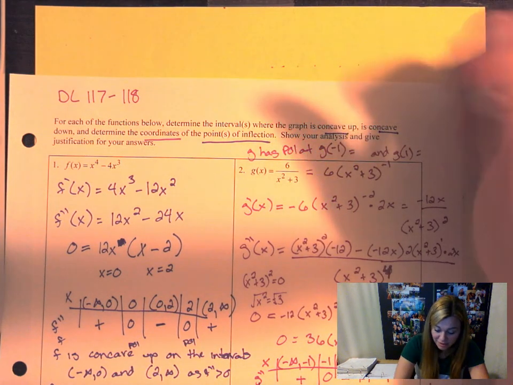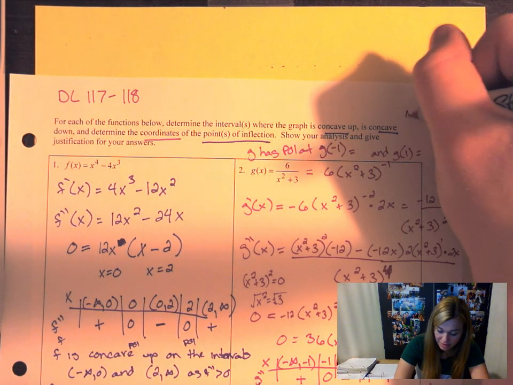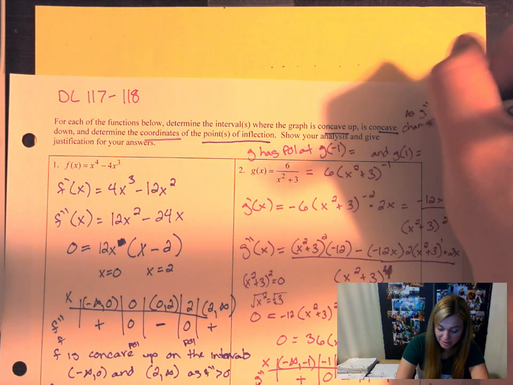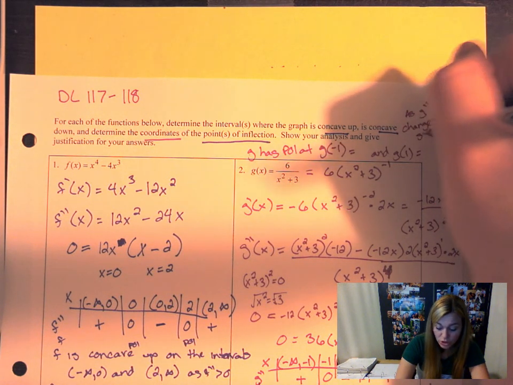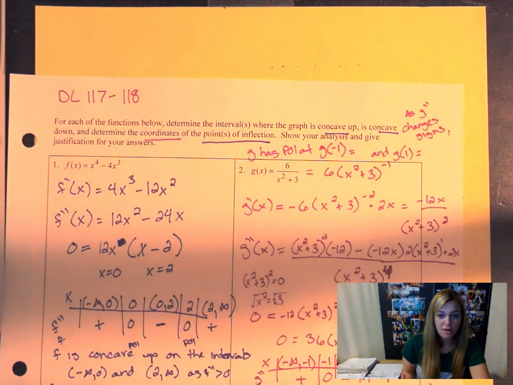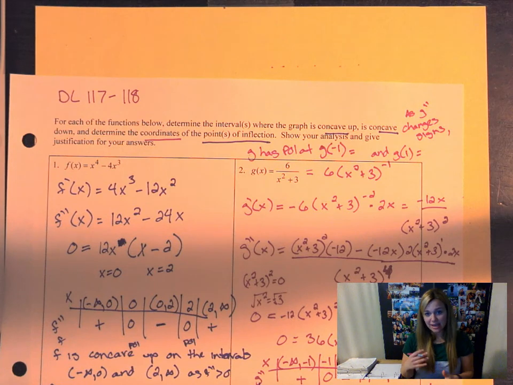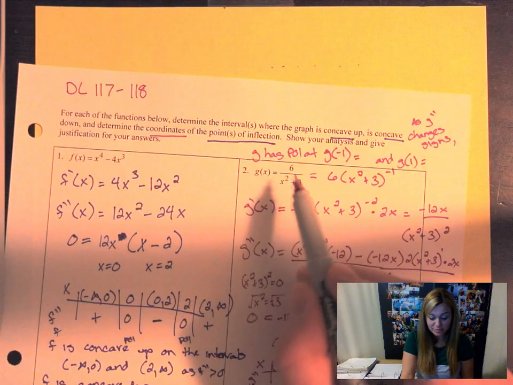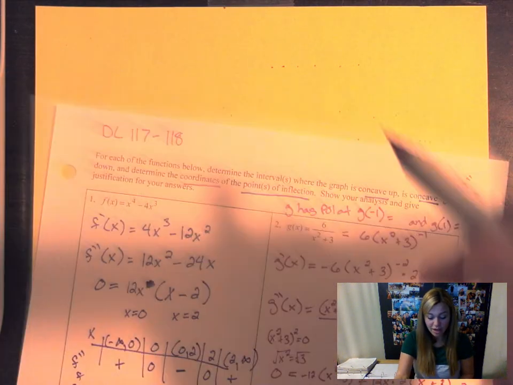And the reason is as g double prime changes signs. Or you could say as g of x changes concavity. So as g double prime changes signs, I already justified this. I showed it in my work down here.